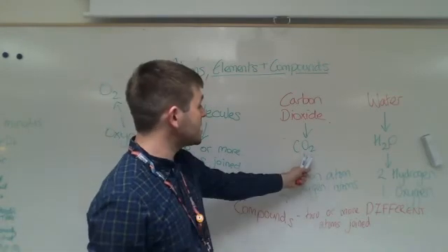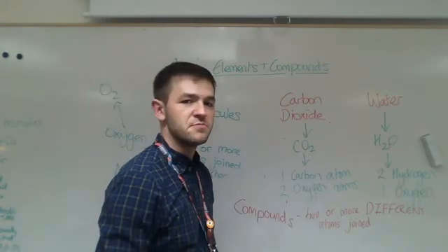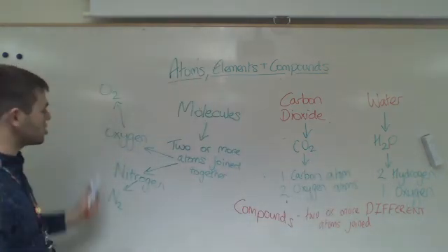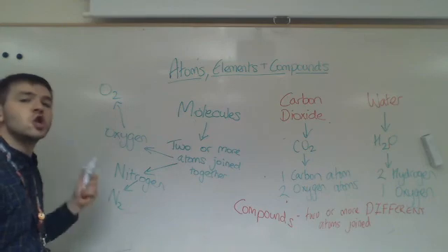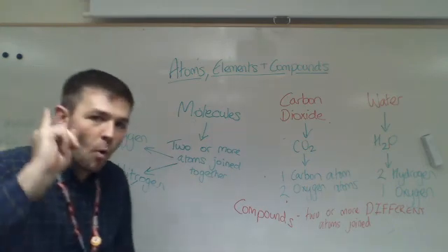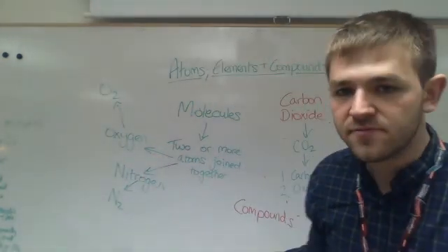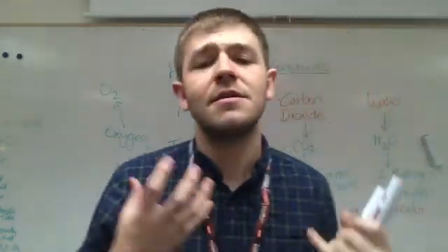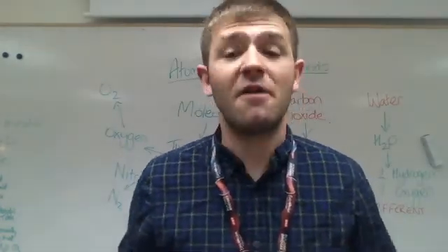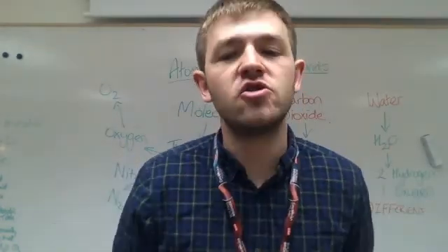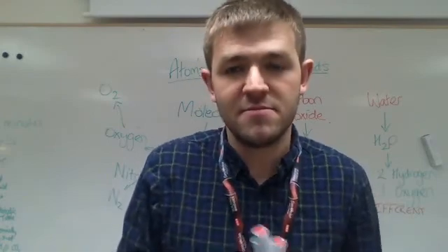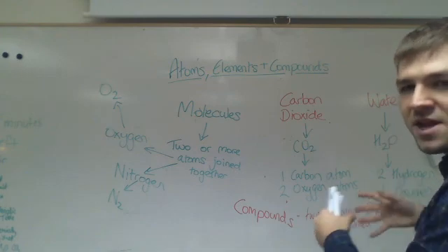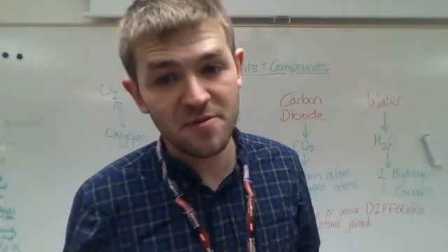So this has two different kinds of atoms, so it must be a compound. Same here. The oxygen and nitrogen are not compounds because it's only one type of atom. And it's through compounds that I can make so many different things. There are things that exist in the universe that are hundreds and thousands of atoms big. By understanding this, we can get on to the bigger things in chemistry.